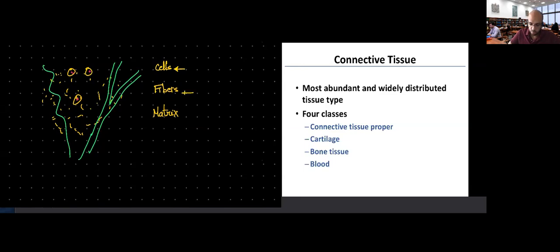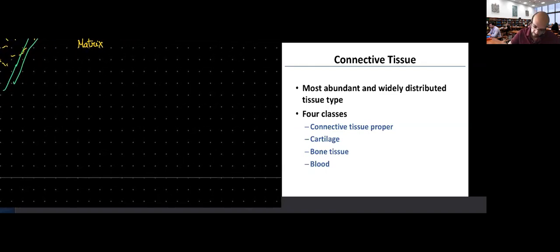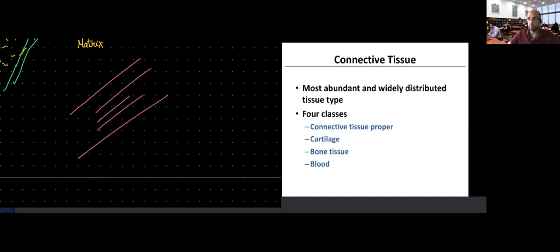One of the most important things that you need to consider are the three major types of fibers, because this will guide you to identify the type of connective tissue that you're looking at. Three types of connective tissue fibers. The first one is formed of thick bundles of fibers. This is called the collagen fibers.